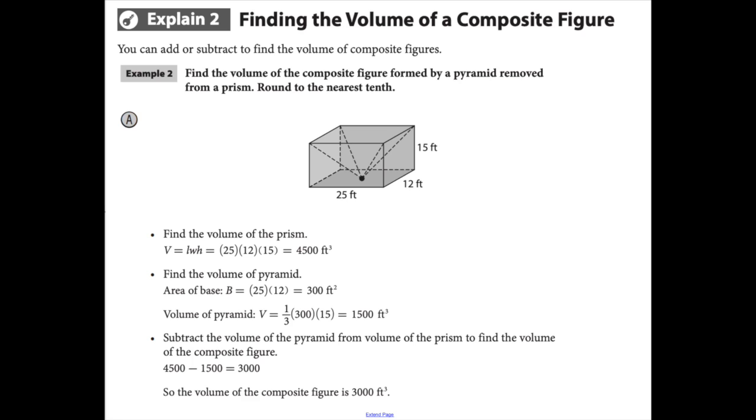What I've essentially done is taken a pyramid, stamped it in there, and pulled a pyramid-sized chunk out of this prism. So how we figure out the volume is we take the entire volume of the prism, which is length times width times height, and we subtract the volume that I cut out.